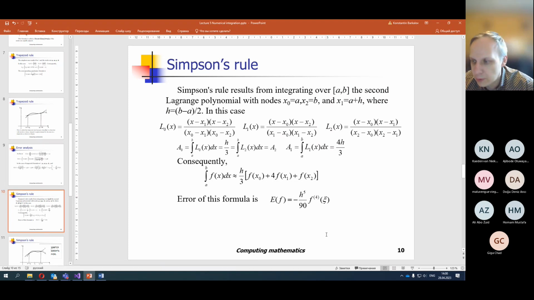It's also a very, very good result. The global error of order h to the power 4 means that if we decrease the step 10 times, the error will be decreased 10,000 times. We will check it now in Visual Studio.